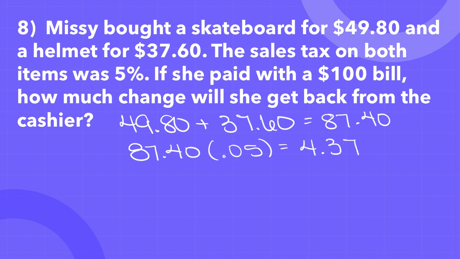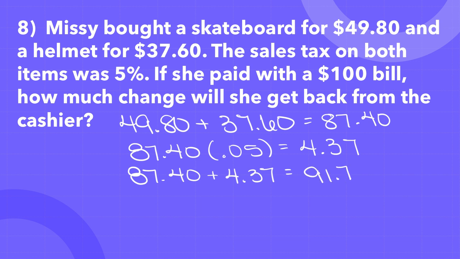$4.37. All right, what would we do next in this? Cannon? Oh, I didn't do it that way. Yeah, but what would I do next anyway? I know the cost of my items and I know my tax. Wouldn't you add it to the... Okay, so 87.40 plus the tax of 4.37 gets us how much, Mary Lady? 91.77.